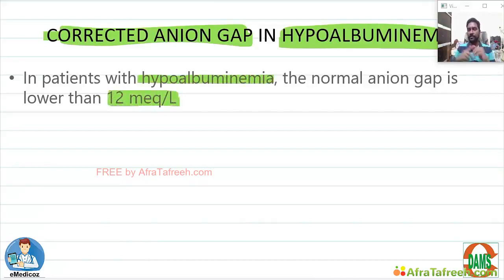In a normal healthy adult, the anion gap is in the range of 8 to 12 milliequivalents. In a patient with hypoalbuminemia, generally the anion gap will be lower than 12. But my goal, whenever I see a patient with hypoalbuminemia, is to standardize his anion gap with respect to a normal healthy individual. By comparing that, I can know whether there is any high anion gap in this patient.